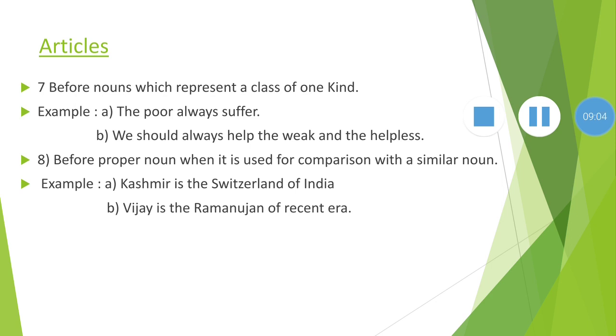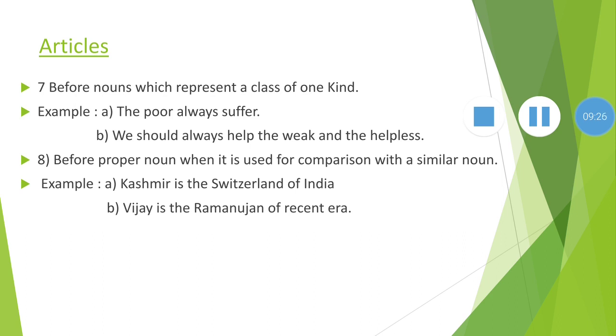In this example, poor always suffer means the poor indicating the poor class people or the poor class category. Means poor class category, it is a commonly used. That's why we use the article before that class or before the poor.